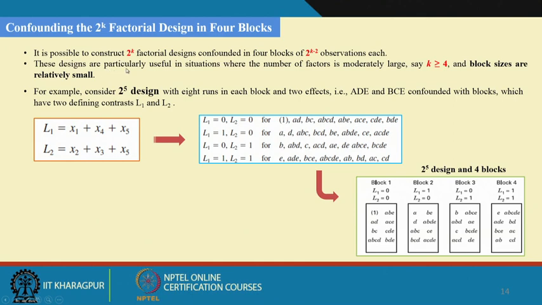These designs are particularly useful in situations where the number of factors is moderately large and block sizes are relatively small. The situation is that you have more factors, but your resource is less in amount, like raw material per batch can accommodate fewer experimental runs.